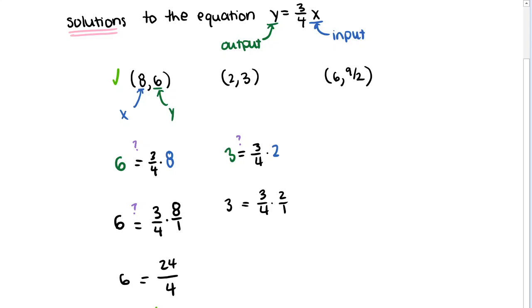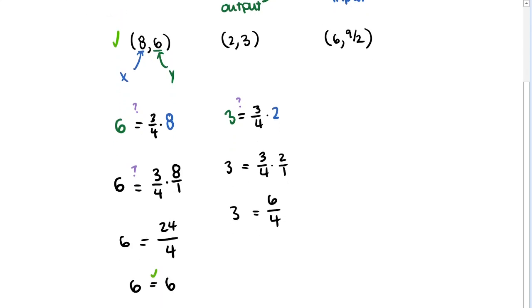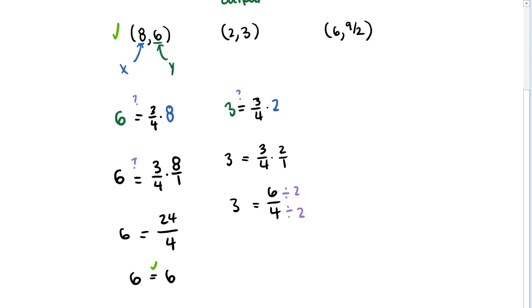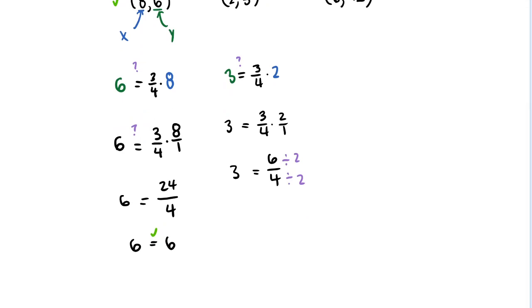And so 3 over 4 times 2 over 1, that's 6 over 4. And 6 over 4, I can reduce this, right? So here, if I take this fraction and I divide the top and the bottom by 2, right? Every fraction is the same as one we can obtain by dividing the same number to the top and the bottom. So I can reduce this fraction to the new fraction 3 over 2, and it's equivalent.